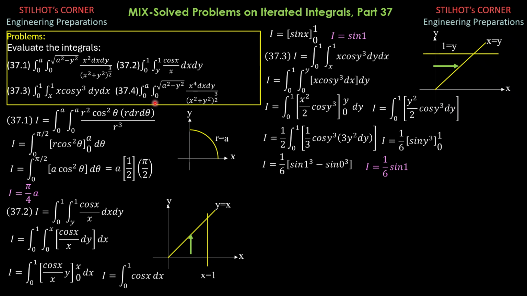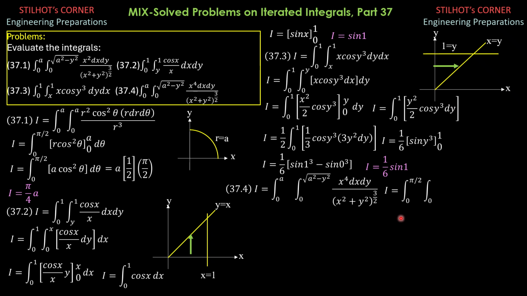Then next, the integral from 0 to a, 0 to square root of a squared minus y squared, of x to the fourth dx dy over the quantity x squared plus y squared raised to 3 halves. Let's transform this to polar.